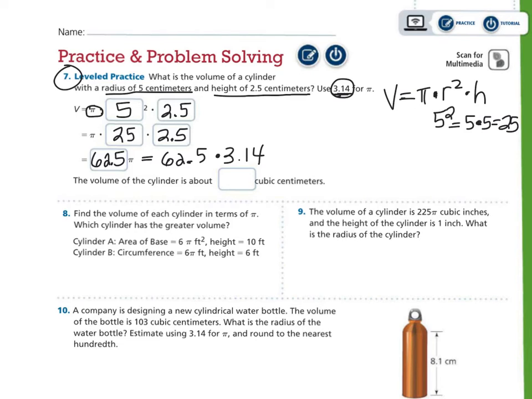And you should get 196.25 cubic centimeters. So that's the way it looks when you abbreviate the units. They're going to have a little 3 outside because you have a 3-dimensional figure. So when it says about in the question here, we'll go ahead and round that to 196 cubic centimeters.